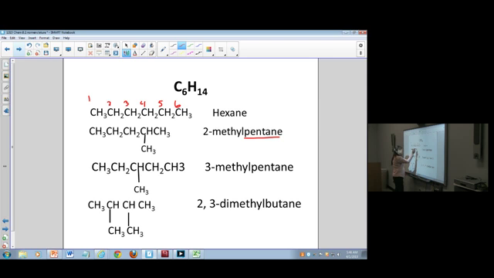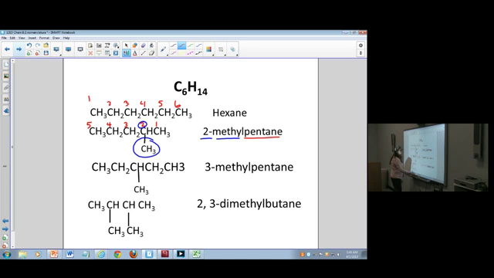So we start backwards here. 1, 2, 3, 4, 5. All right, so now with the lowest possible numbering, I can see that my substituent is on carbon 2, and that substituent is just 1 carbon, so 2-methyl, not 4-methyl.